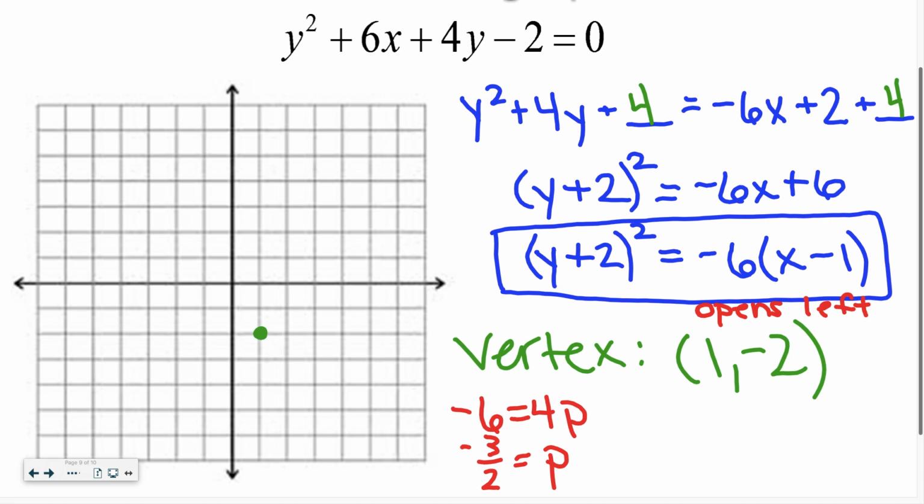I think we're going to get this done, guys. So our focus is going to be 1.5 units from the vertex, but since it's negative, we're going to move inside, which is going to be left. And then we're going to move 3/2 the other direction for our directrix.